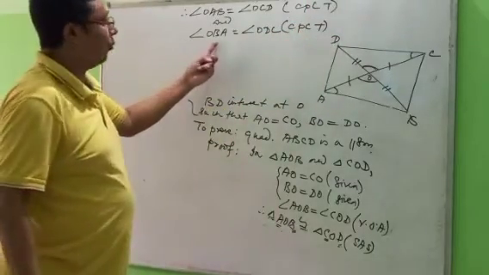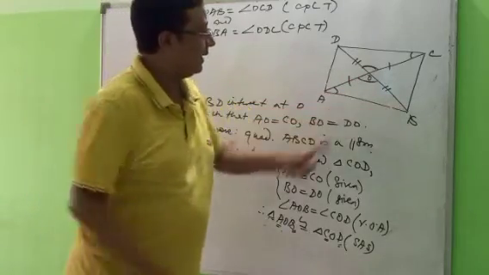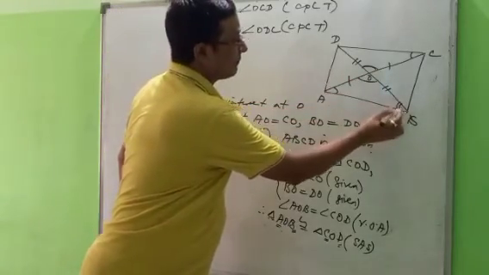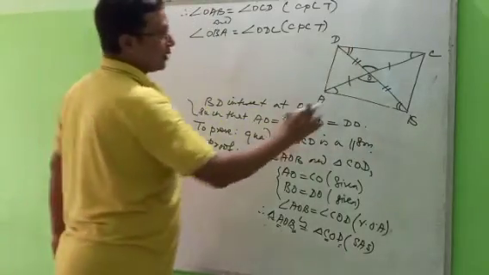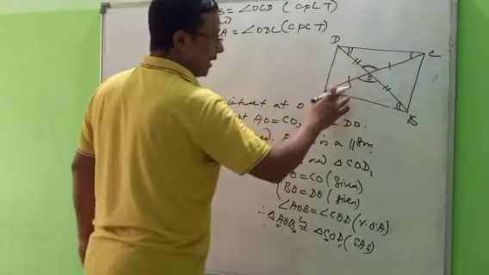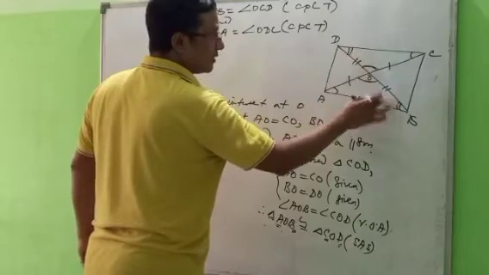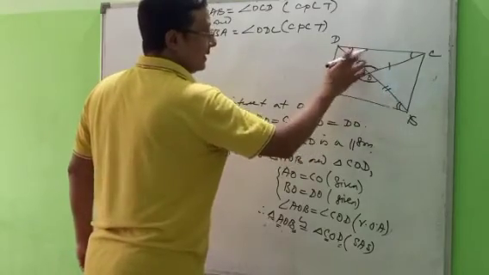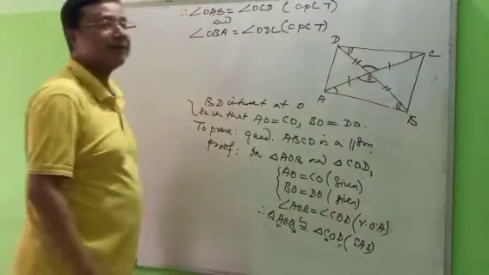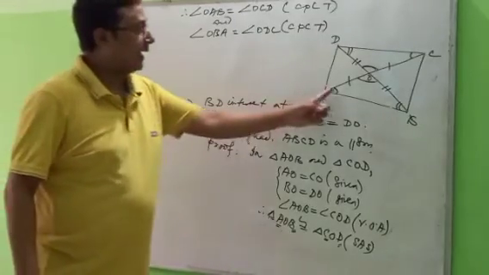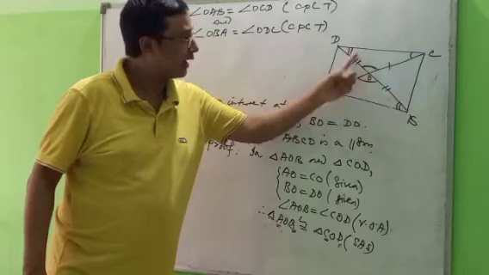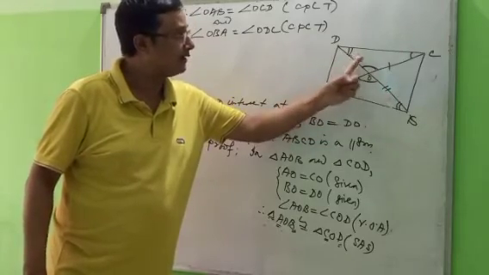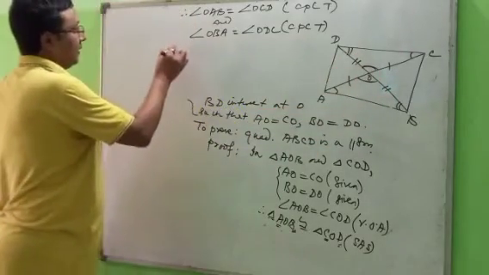Now OBA, this angle equals this angle. It is the same thing. As this pair of angles are equal, each of them will form a pair of alternate angles. These two form a pair of alternate angles, and these two angles form the second pair of alternate angles.